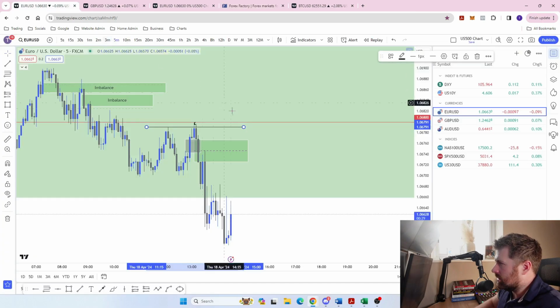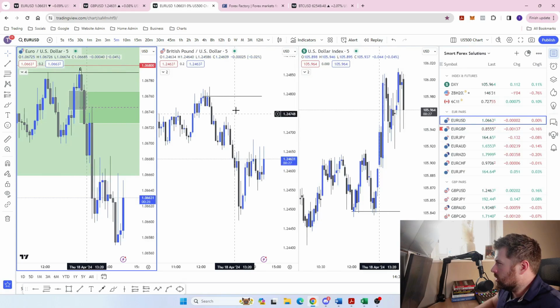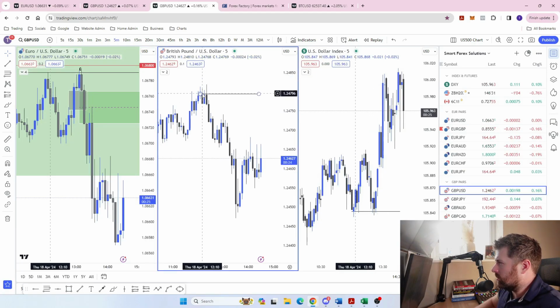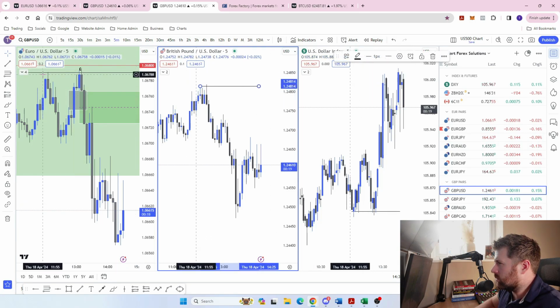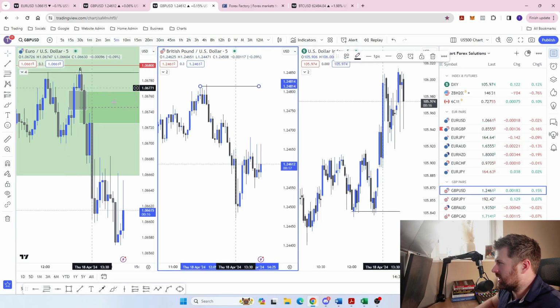Okay. Now, look at this from the pound as well. Because the same high, again, you can use the wicks, compared to this high here. So this is the same high as this one on pound. We haven't even come close.